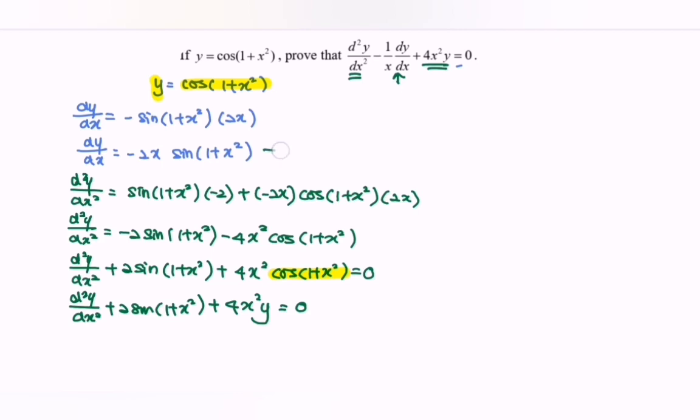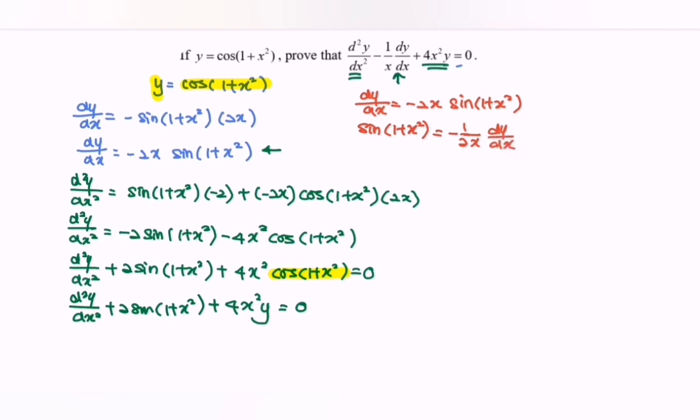So by referring to this part, rewrite the situation. We have dy/dx equals negative 2x sin(1 + x²). Rewrite the situation: sin(1 + x²) equals negative 1 over 2x multiplied by dy/dx. So maybe we can substitute.